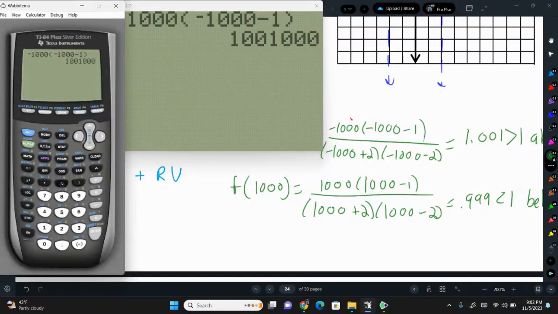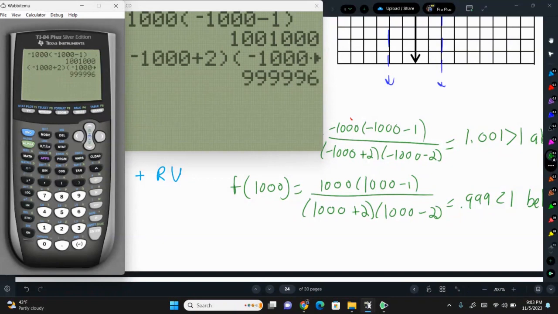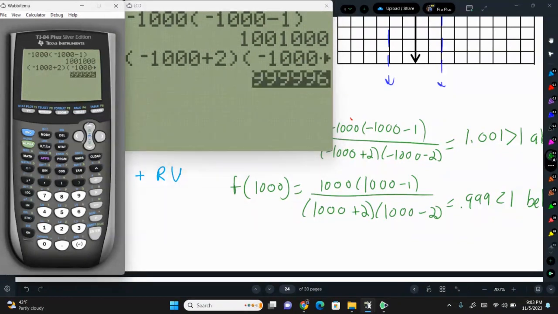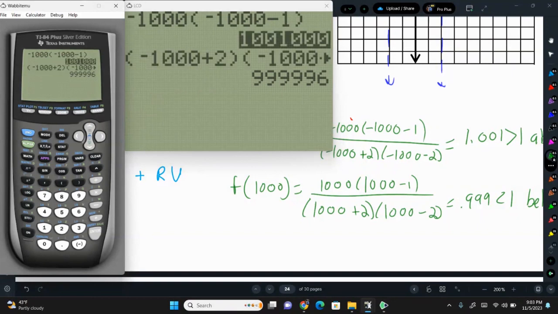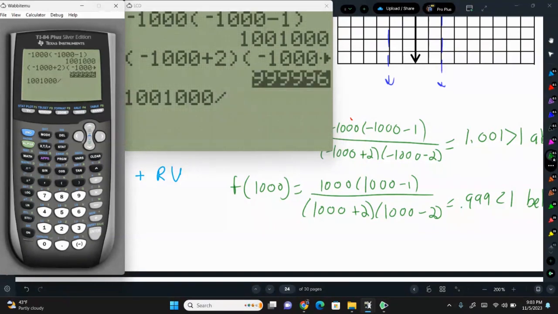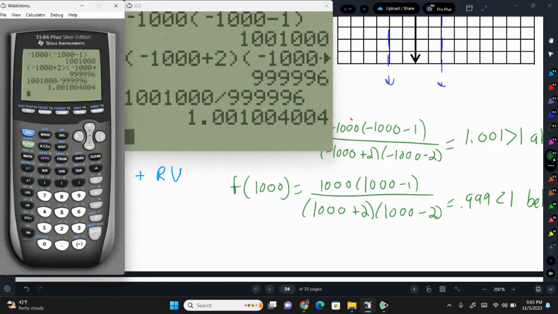Okay, and then your denominator, negative 1,000 plus 2 times negative 1,000. And you might be saying, why don't you just use the fraction button? Well, I want you to be able to do this without a graphing calculator. So now we can see that the numerator divided by this is 1.001.